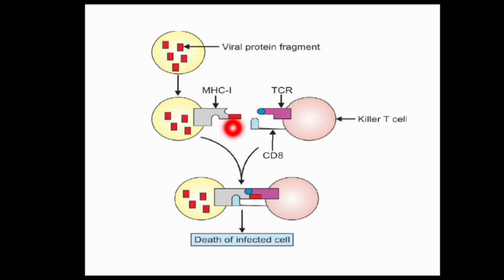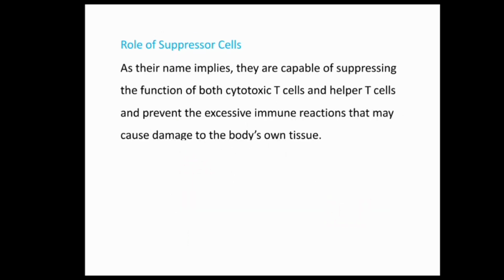It is attached to the MHC1 complex with the CD8 cell. So it forms the perforins and leads to the influx of fluid into the infected cell, and the infected cell is swollen and ruptures, which leads to death.